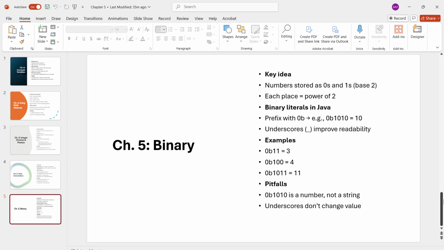That's binary. Just like in base 10, where each position is a power of 10, binary is base 2, so each position is a power of 2. Let me take an example.